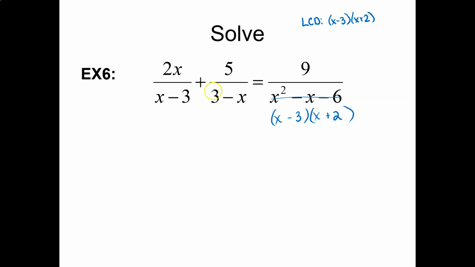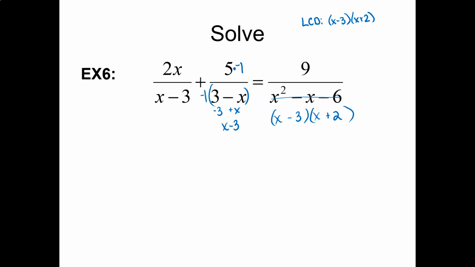So right here, what would happen if I multiplied this denominator by -1 and the numerator by -1? What would it do to this denominator? It's going to flip it, because you're going to have -3 plus x, and then what is that? It's x minus 3.